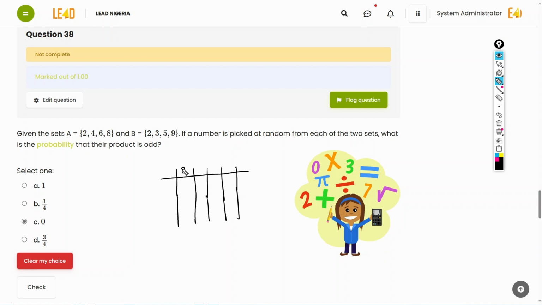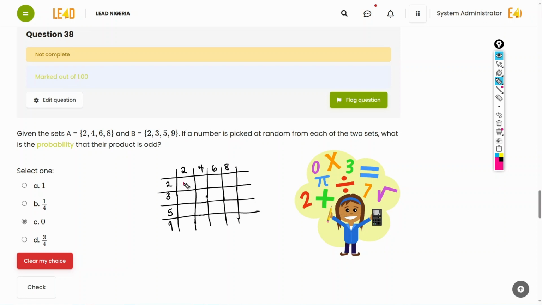Here I have 2, 4, 6, 8, and then for the other one, I'll write it on the side here. I have 2, 3, 5, and 9. Okay, so that's the sample space. Now in the middle I can put in the values, the products, so we can check for the odd products.